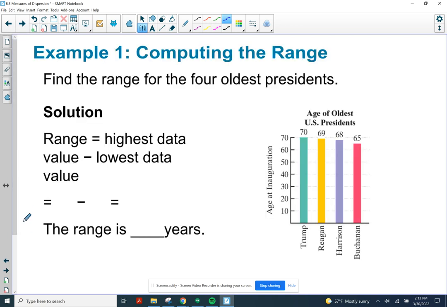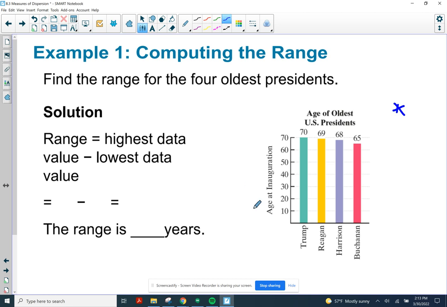Okay, example 1, computing the range. Let's say we have this lovely little graph. Remember, we talked about a good graph has a title that explains a little bit about what we're doing. It has labels on the x and the y-axis, the horizontal and the vertical. We're talking about the age of the oldest presidents, and we're supposed to find the range for the 4 oldest presidents.